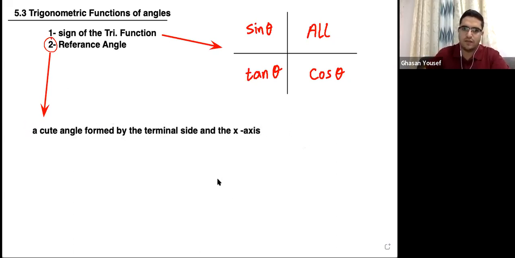I gave a lot of examples last time. Today we're going over the identities.